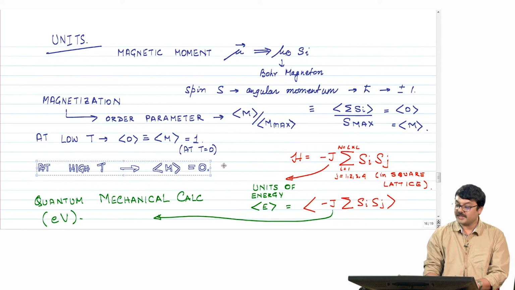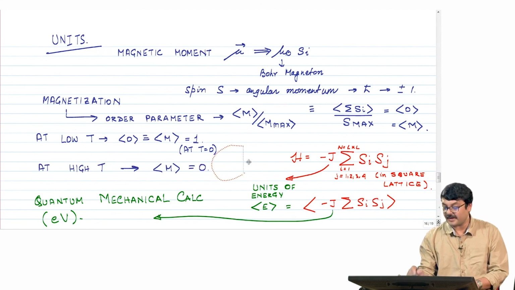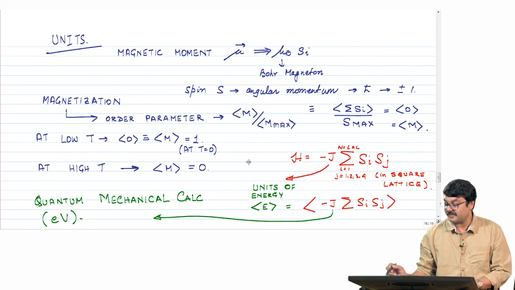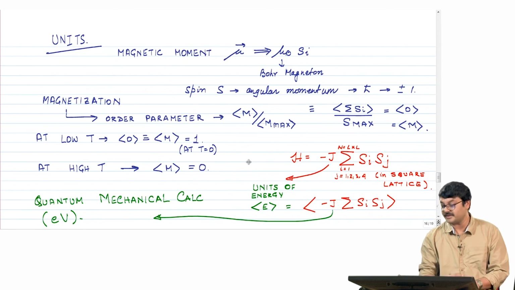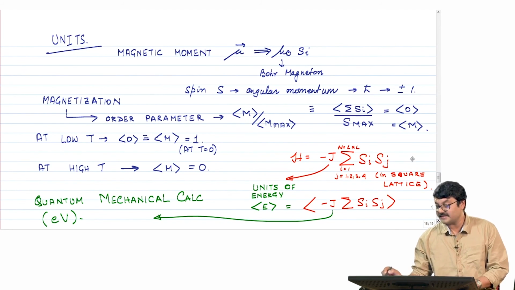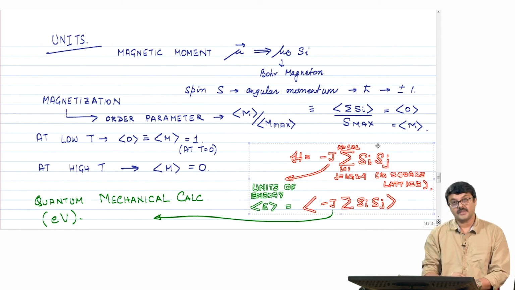Now, how to calculate the average energy? We discussed order parameter, magnetization, magnetic moment. The other quantity of interest is essentially the Hamiltonian, right.